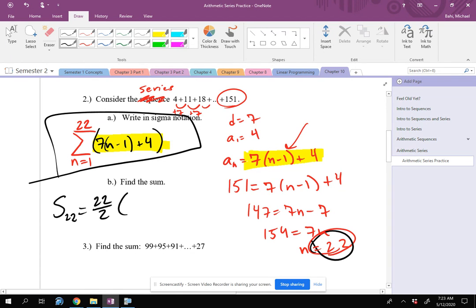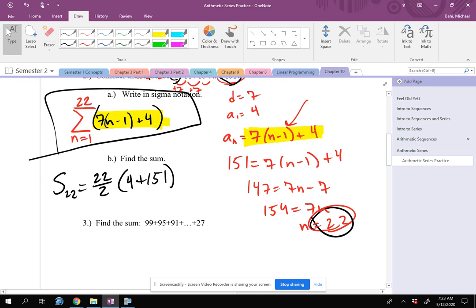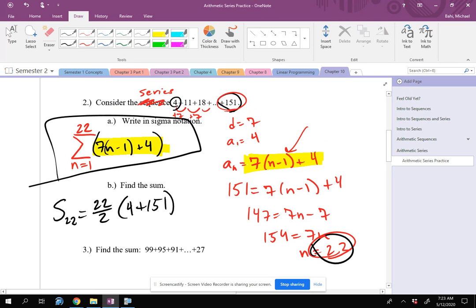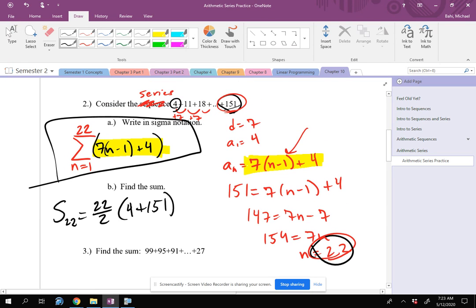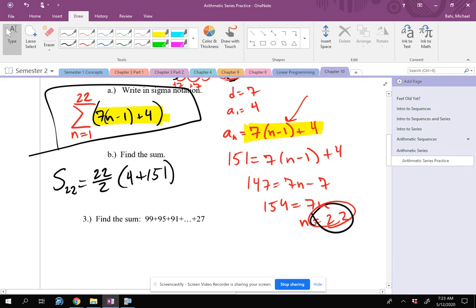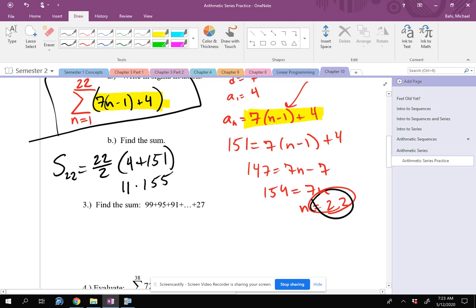So there's going to be 11 pairs, and take a sub 1, which was 4, and add it to a sub n, or a sub 22, which was 151. So again, just like the video, what this is saying is that there's going to be 11 pairs of numbers in this series that are going to add up to 155. Okay, so we're going to have 11 times 155.